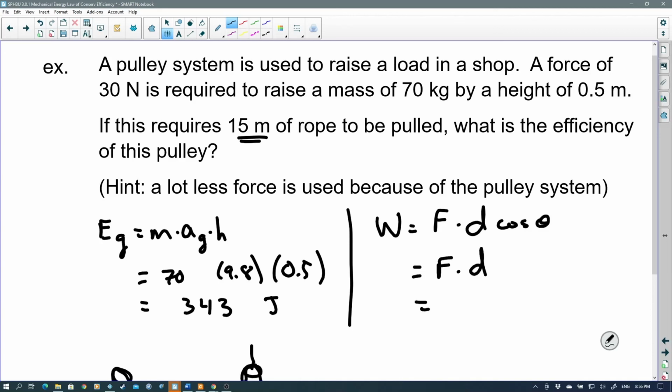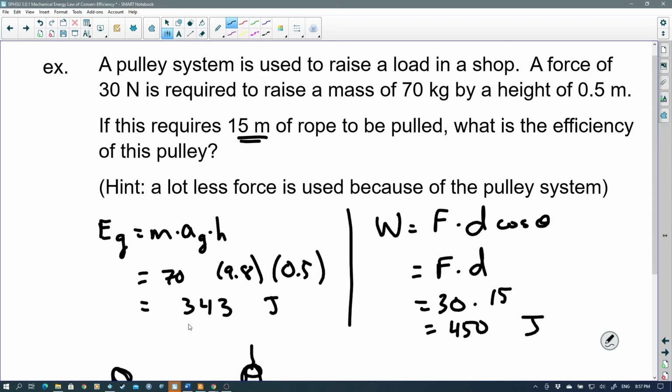The force is 30 newtons, the displacement is 15 meters, and this gives us a joule value. 30 times 15 is 450. You can see that we're using more energy to lift this with a pulley than if we just lifted it straight up in the air from the ground without the pulley.